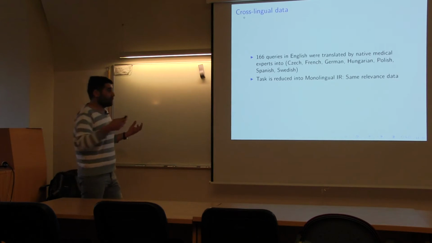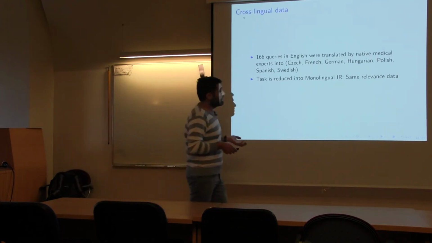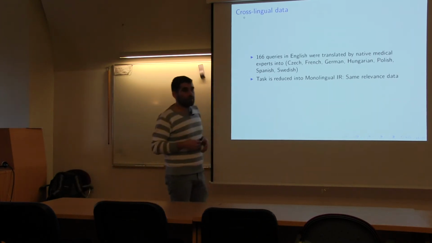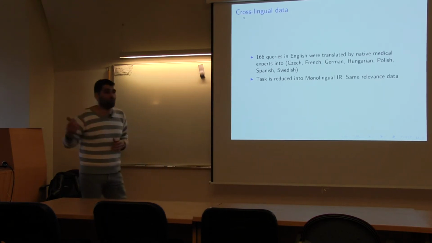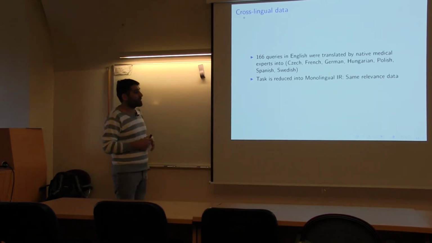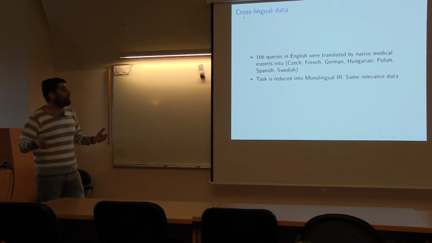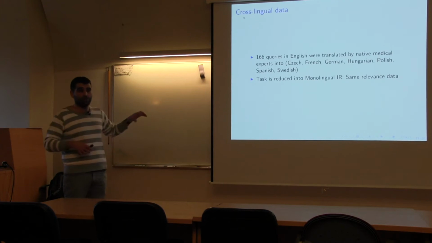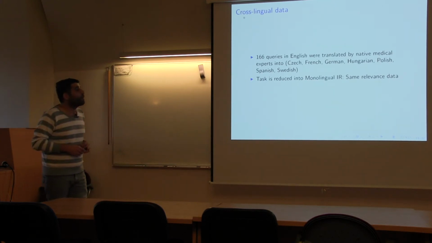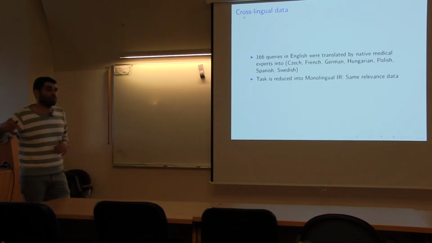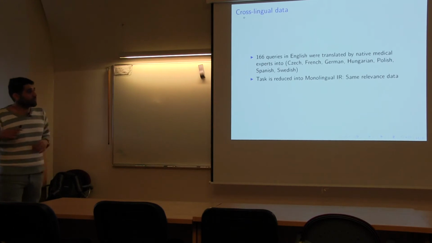Since the task is reduced to monolingual IR, we use the same relevance data that we have in monolingual IR. But as I mentioned, we conducted a set of cross-lingual experiments. The approach is the same: we have an English query and an English document, and the assessor has to decide if this document is relevant or not.